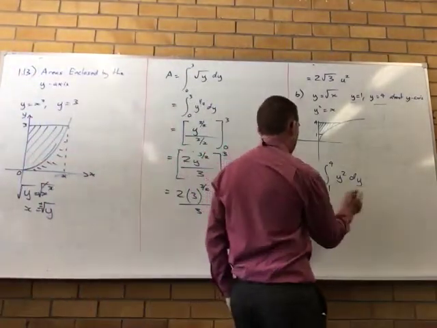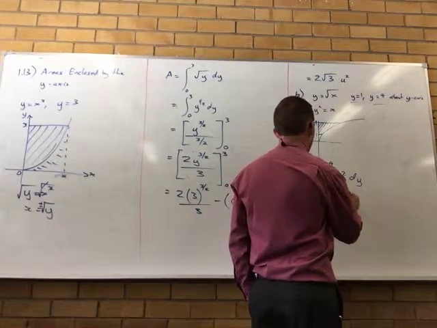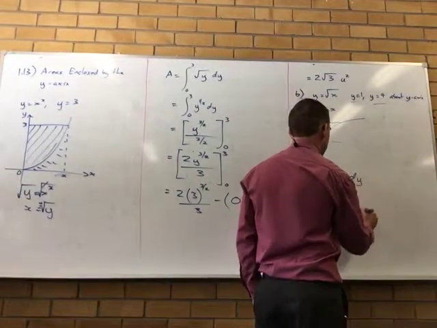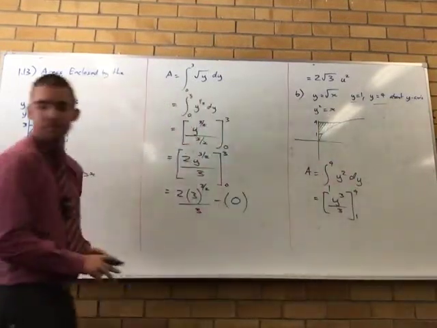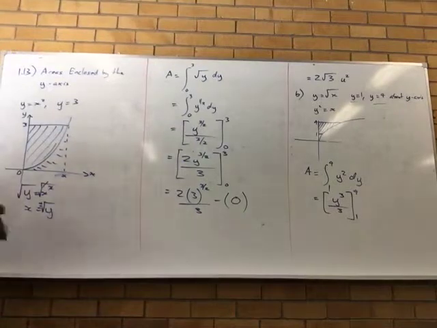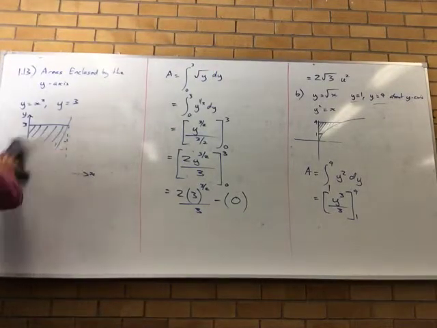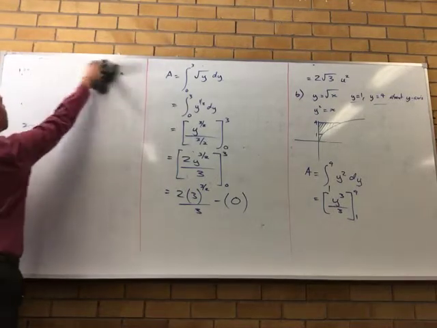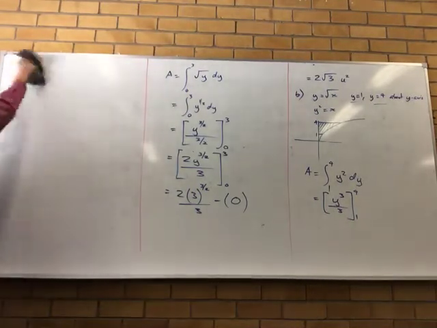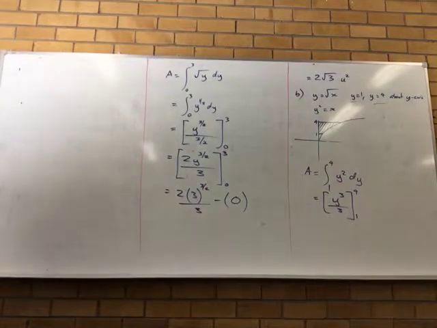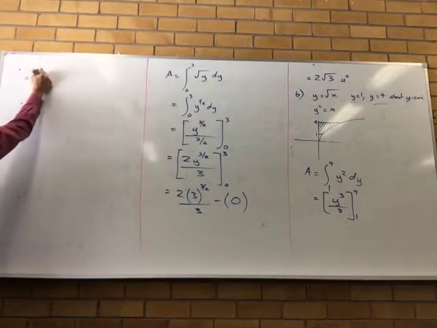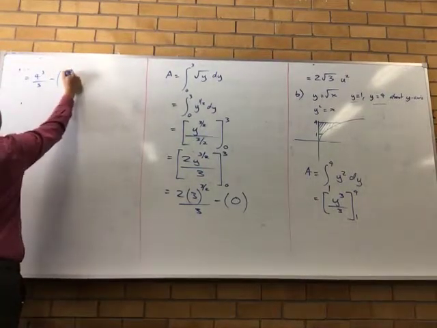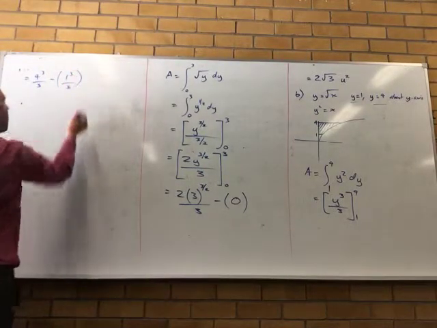Nice straightforward one for us to integrate. So substitute in: equals 4 cubed on 3, take away 1 cubed on 3.